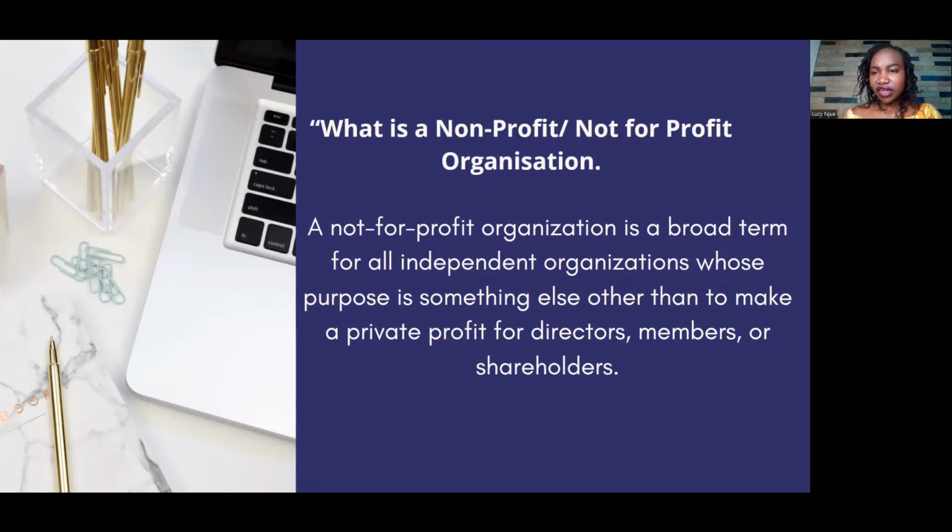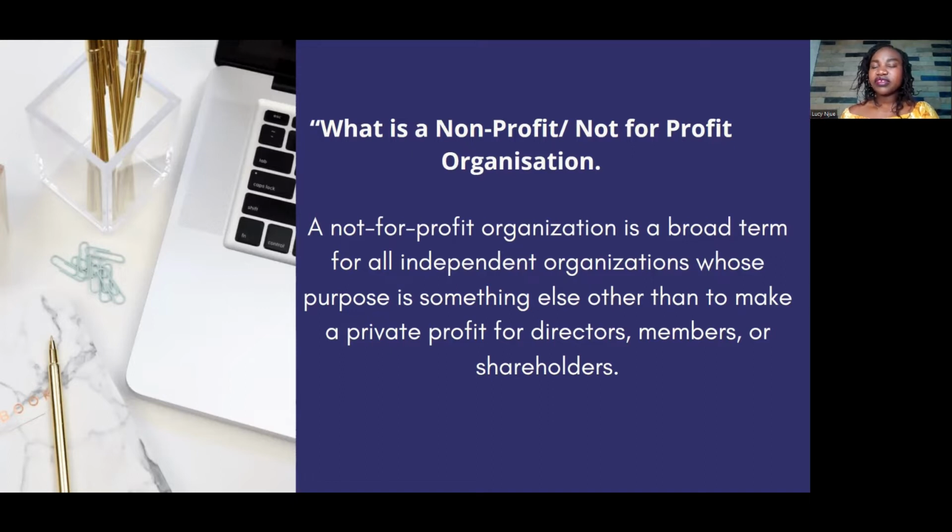So if your purpose is not to make profit, like companies, then you qualify to be referred to as a non-profit.